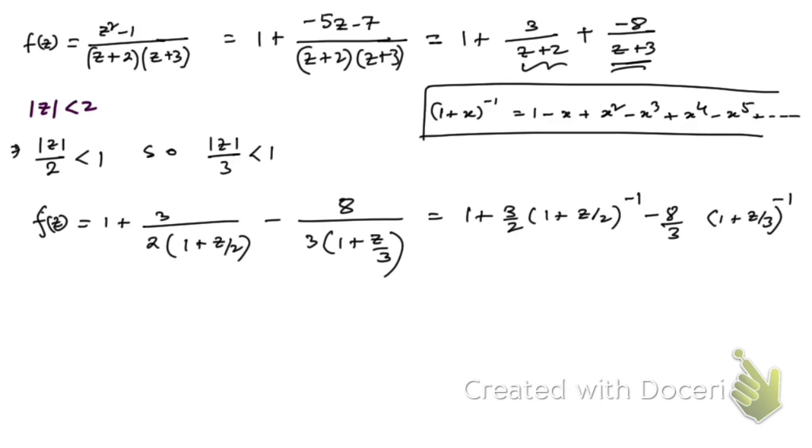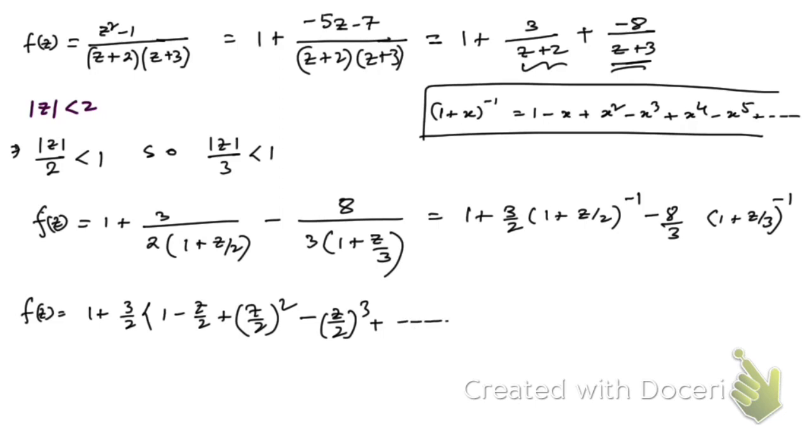If we apply that identity, then we're going to have f of z is equal to 1 plus 3 by 2 times 1 minus z by 2 plus z by 2 whole square, next term minus z by 2 whole cube, then plus dot dot dot and so on.